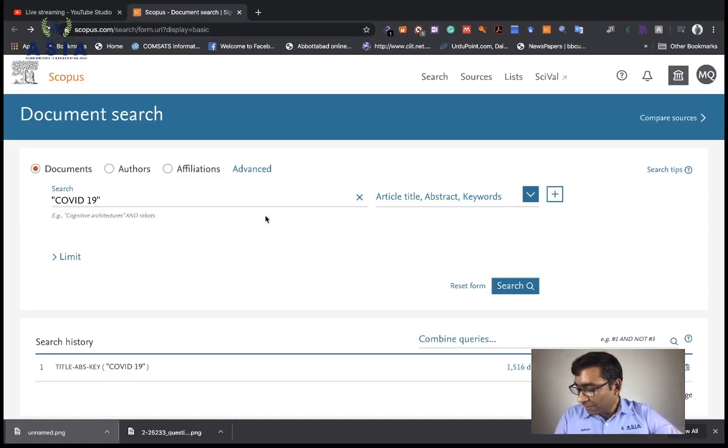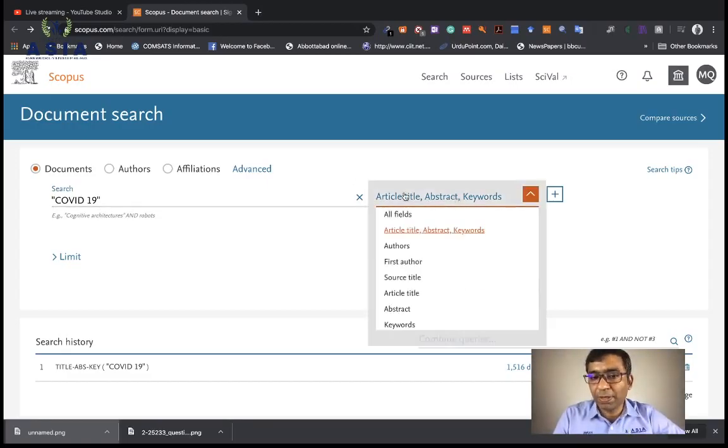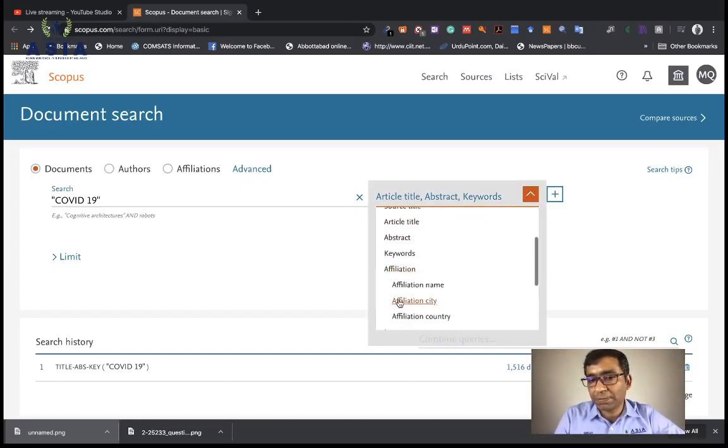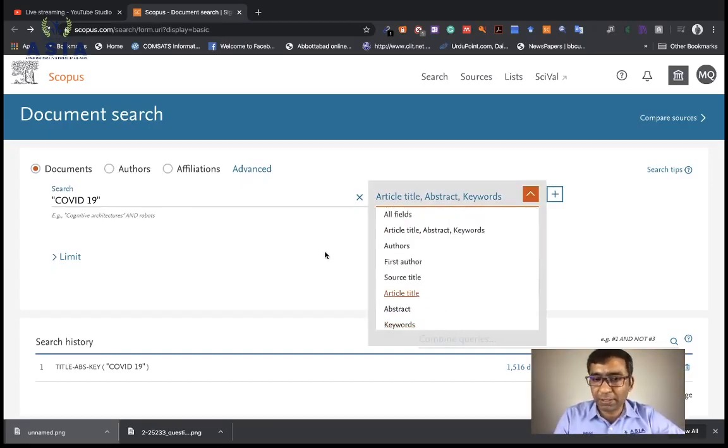Here you can define whether you want to search this keyword only in title, abstract or keywords, or you can use other options. You can use only abstract, only keywords, or title, depending on your need.